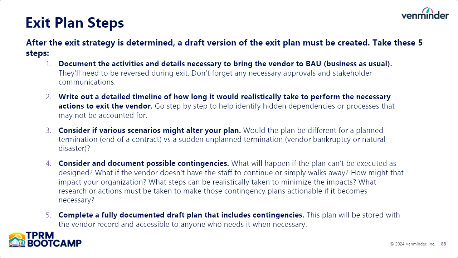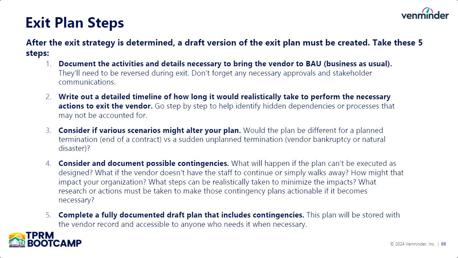We also want to write out a detailed timeline of how long it realistically takes to perform the necessary actions, right? Don't use timelines like 90 days, 60 days. Really be thoughtful here, because once you put it in writing, people will have expectations. And then again, consider those various scenarios.